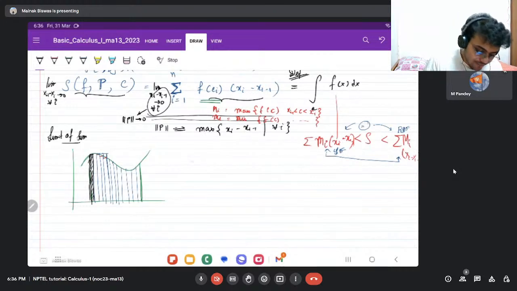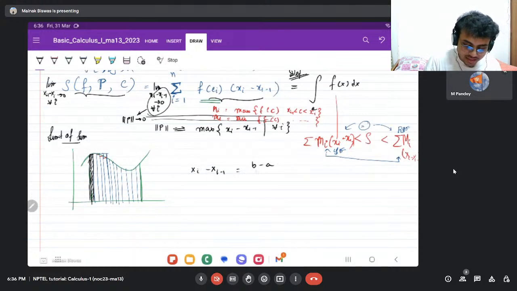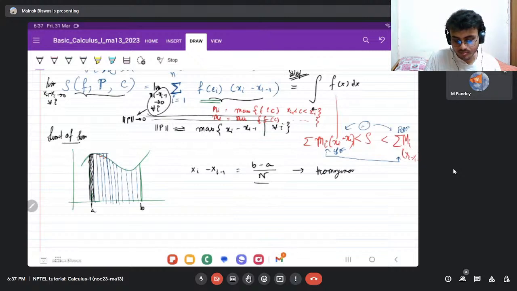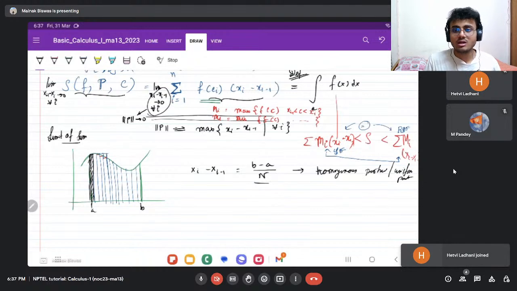You see, I can choose a partition like this, right? x_i minus x_{i-1} is b minus a by n. So this is a homogeneous partition, or a uniform partition, right? I partition the x-axis into equal parts.